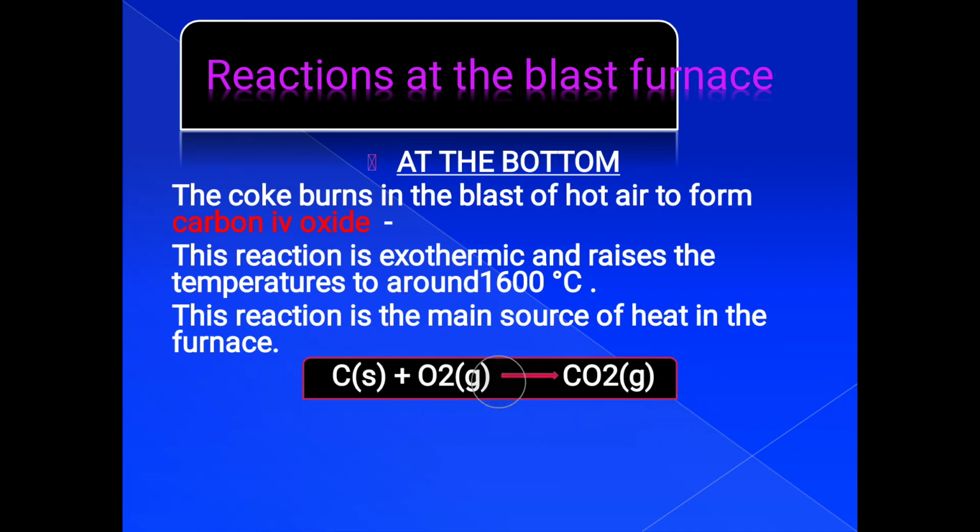And this reaction is exothermic, and therefore the temperatures go up to 1600 degrees Celsius. So we can say that the burning of coke actually raises the temperatures to about 1600 degrees Celsius.